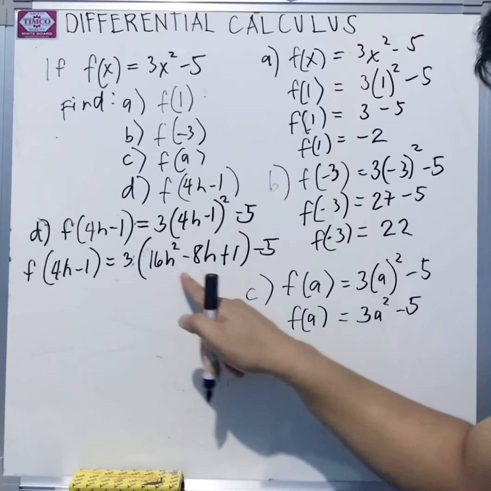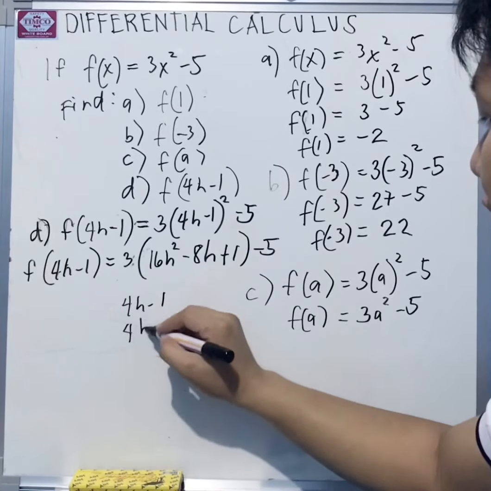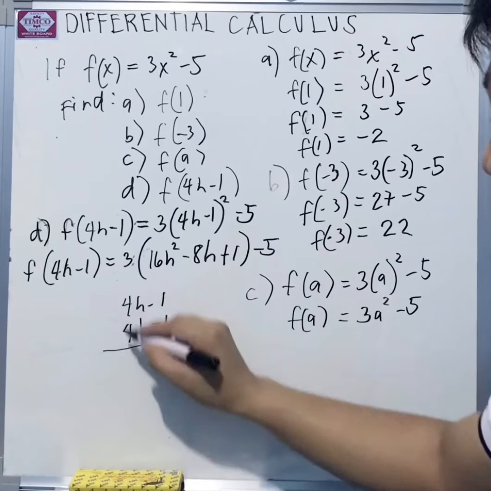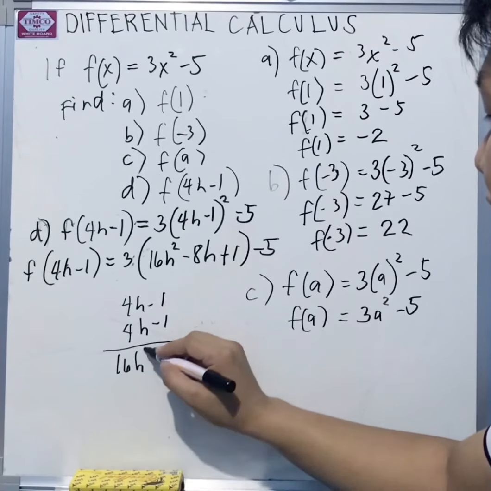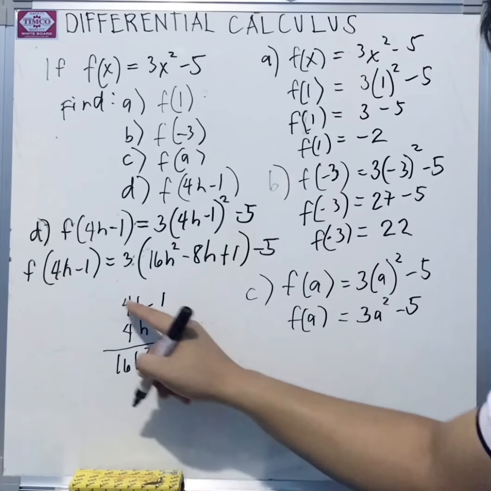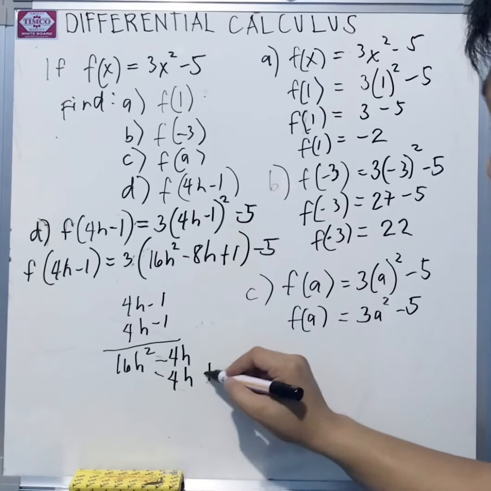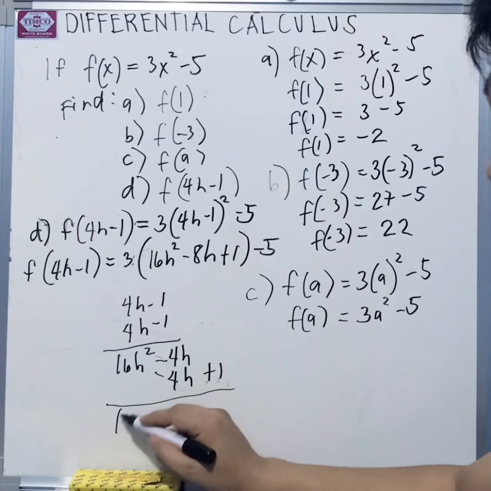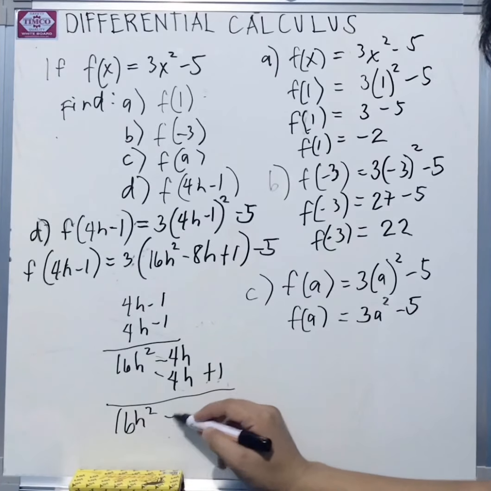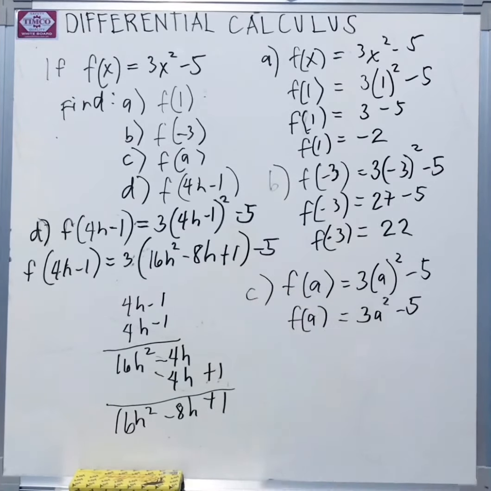Bakit nakuha yan? 4h minus 1 times 4h minus 1. 4h times 4h is 16h squared, then negative 4h, negative 4h. Negative times negative is positive 1. So, we have 16h squared minus 8h plus 1.